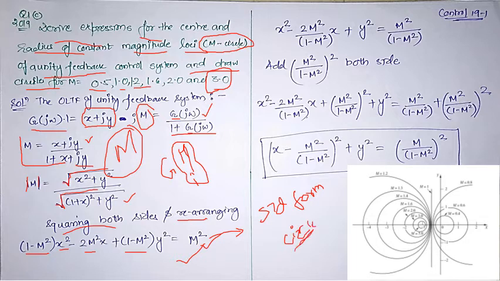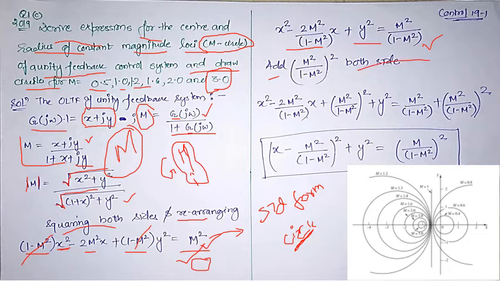So the circle's equation you need to form here using this expression, and that can be written in this way. I am trying to convert the same equation into the circle's equation, and I have rearranged it. This portion I have taken in the denominator, so this will also vanish, and in the denominator of M square you will get the same term. Then I am adding M square divided by (1 minus M square) whole square to both the sides.